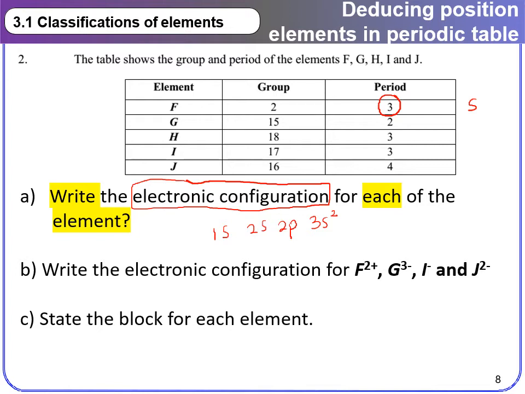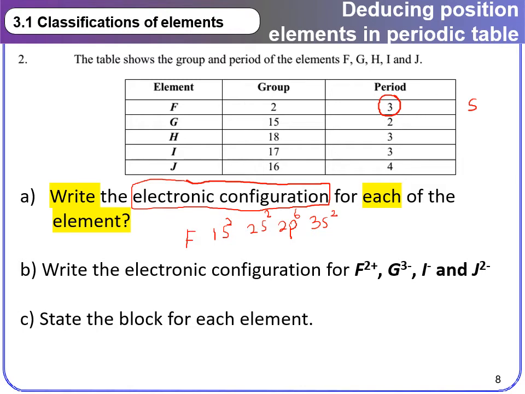Because when all the lowest energy orbitals are filled with electrons, only then are we going to fill electrons into the higher energy orbital. So 1s maximum can have 2 electrons, 2s also has 2 electrons, and 2p maximum has 6 electrons. So this is the electron configuration for element F.